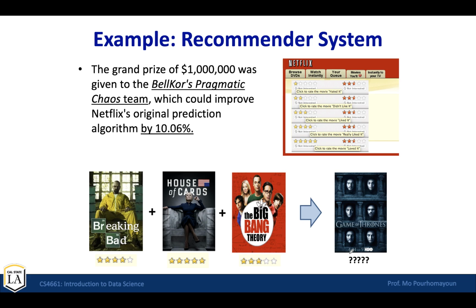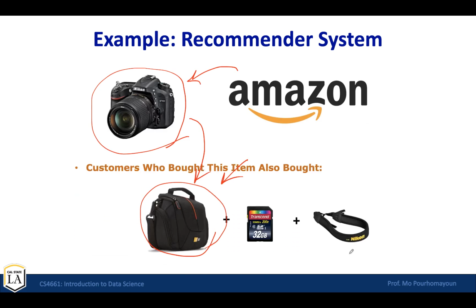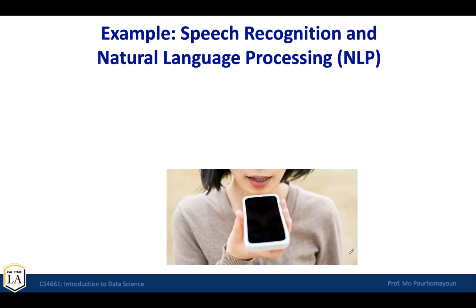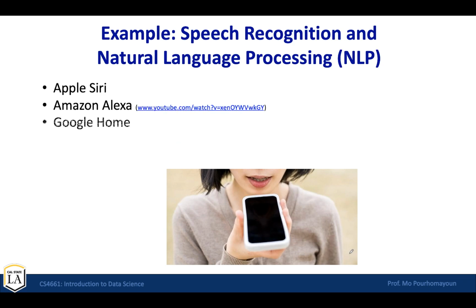It uses some kind of well-known machine learning algorithms that we are going to talk a lot about. But generally speaking, it is data science because it learns from data. It's data-driven algorithms. Another example is speech recognition and natural language processing systems and tools.